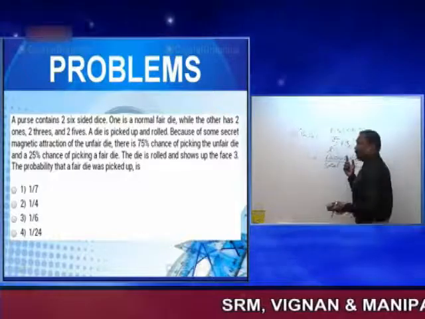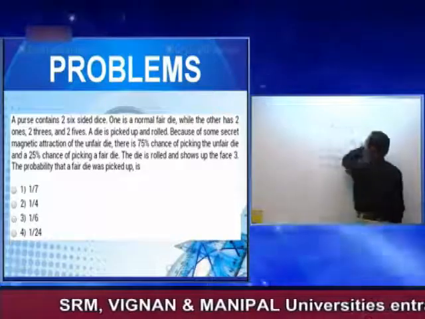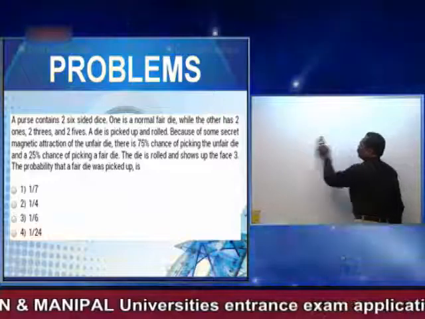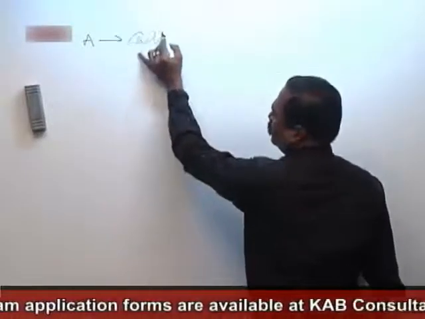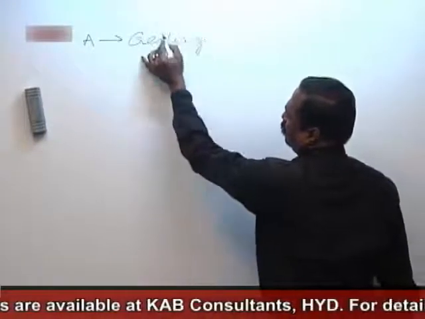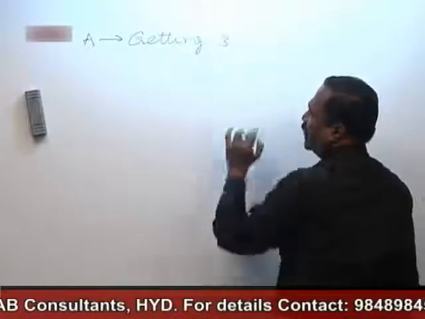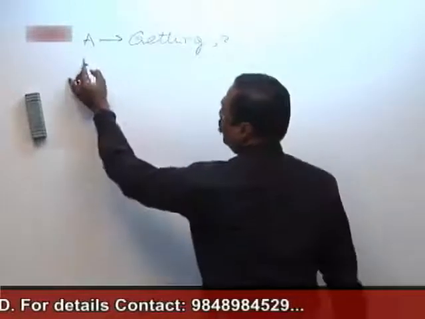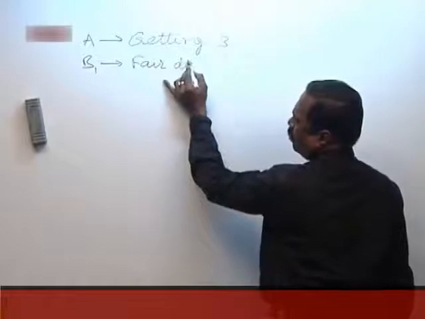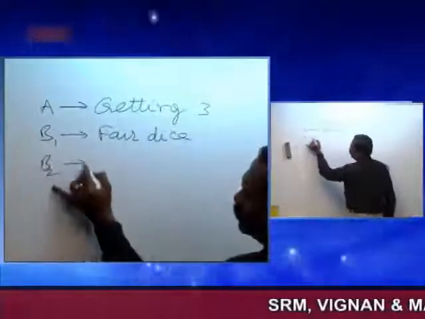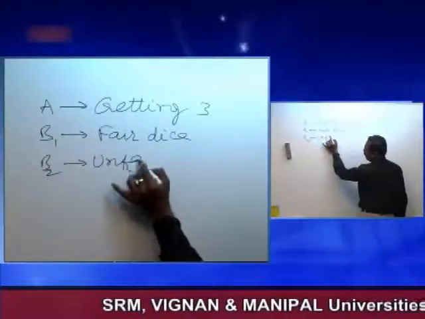Let us apply now the Bayes theorem. Let A be getting 3, B1 is the fair die, and B2 is the unfair die.